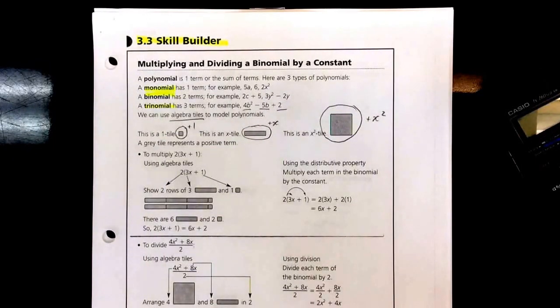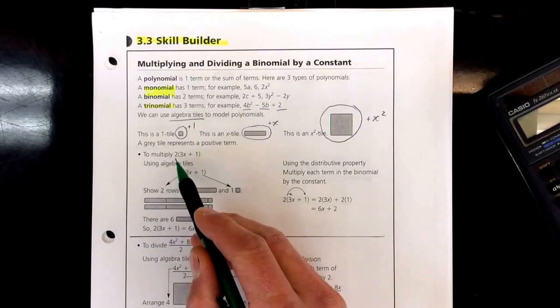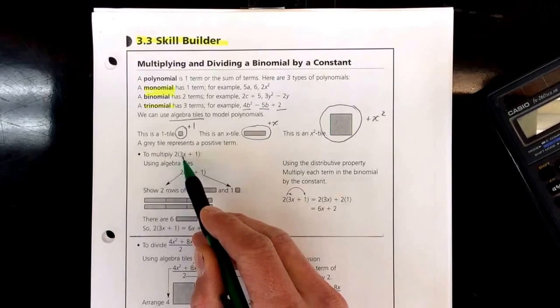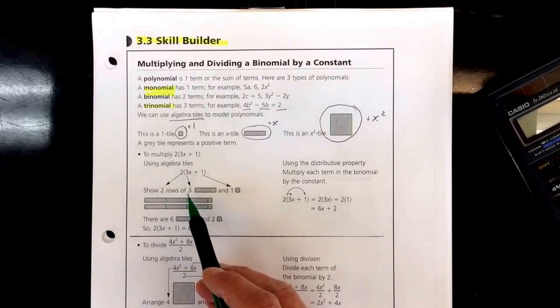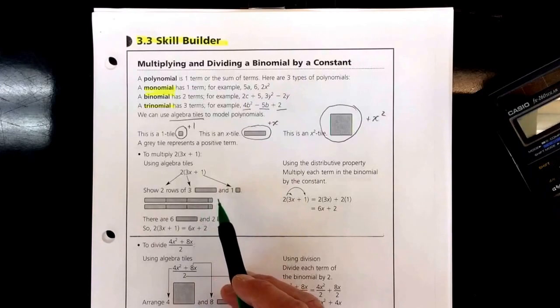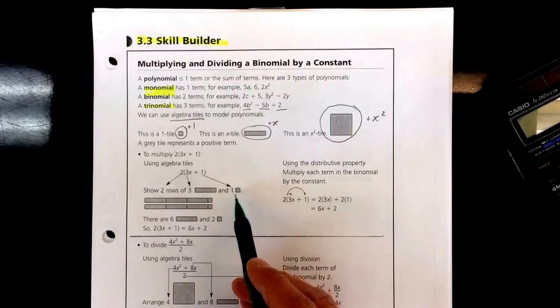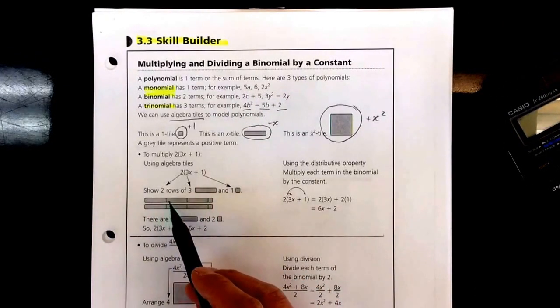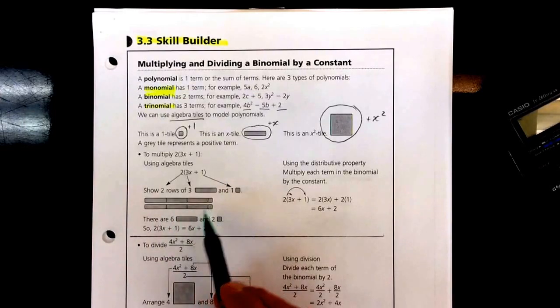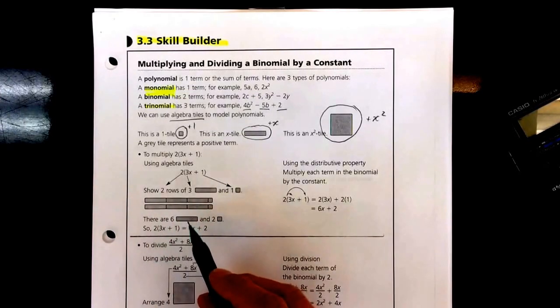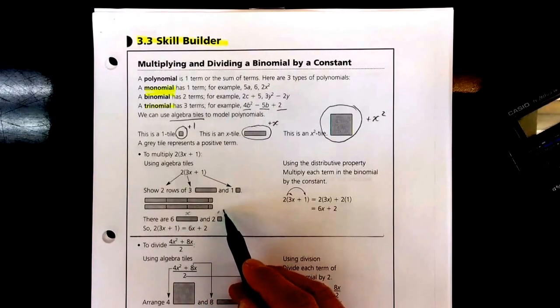So, let's look at the first example. To multiply 2 times 3x plus 1, we're going to use algebra tiles to show two rows of 3 x's and 1 one. So we have one row that represents 3x plus 1 and another row that represents 3x plus 1, giving us 6 x's and 2 ones.